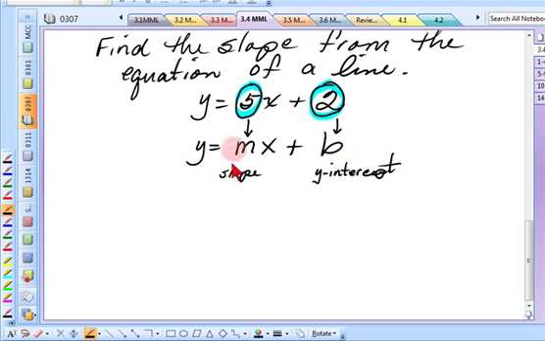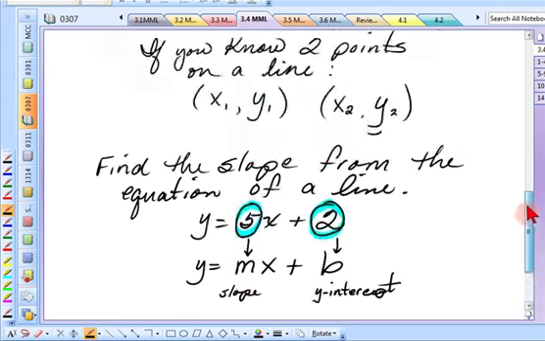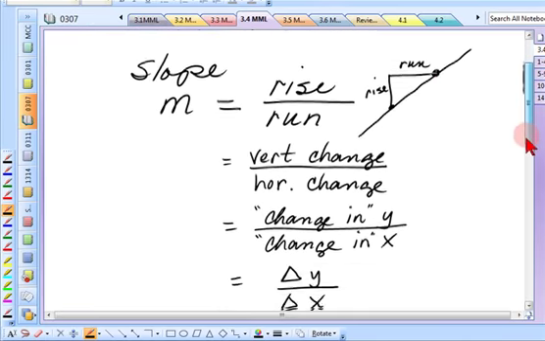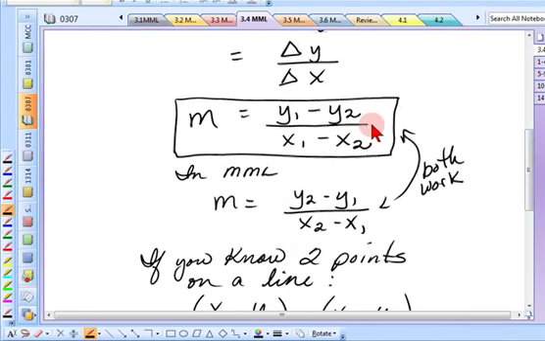So we will use the equation of the line to find the slope. We're going to do it 3 ways. The first way, we're going to find the slope of a line by simply looking at the rise compared to the run between 2 points on the line. Then we're going to figure out the slope of a line if I know the coordinates of 2 points, and I will plug in appropriately.